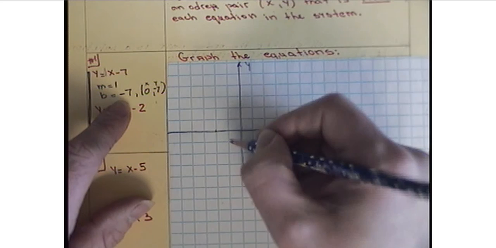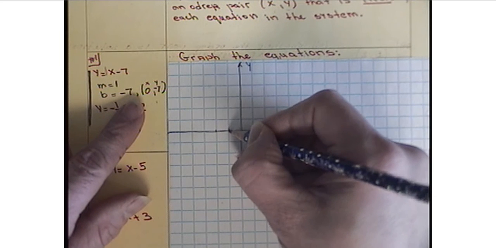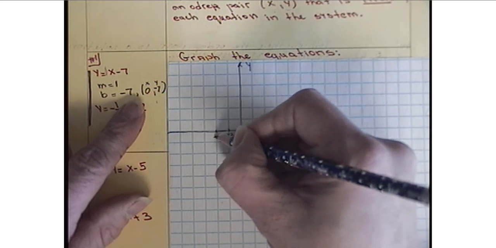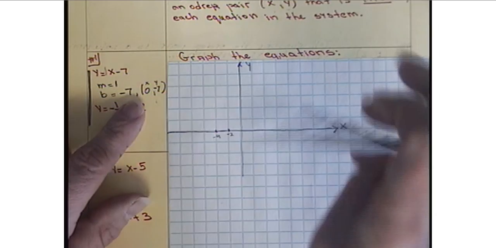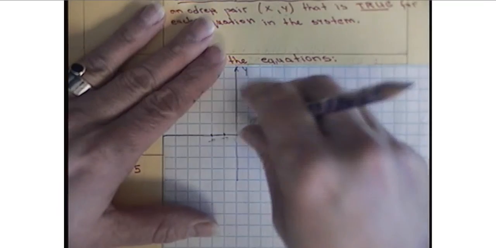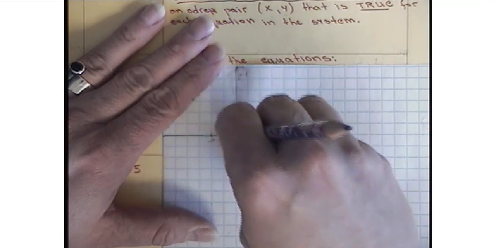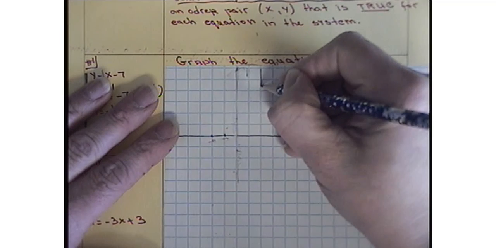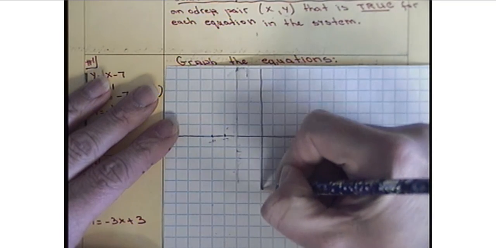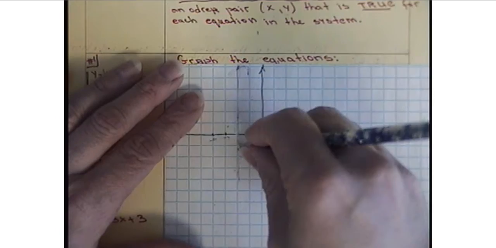So I have 2, 4, 6, and -7 will be actually somewhere here. Well, let's go by a scale of 2. So I would say -2, -4. No, I'm going to change that. I will move my y axis a little bit to the right because I want to have a good looking graph. It's really important for the graph to be well precise.